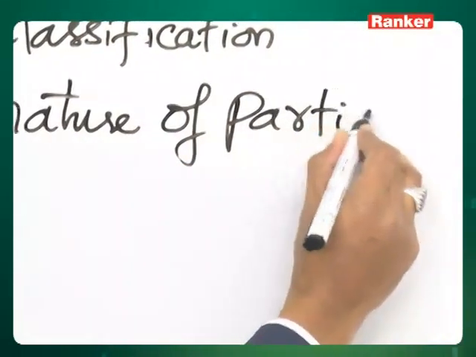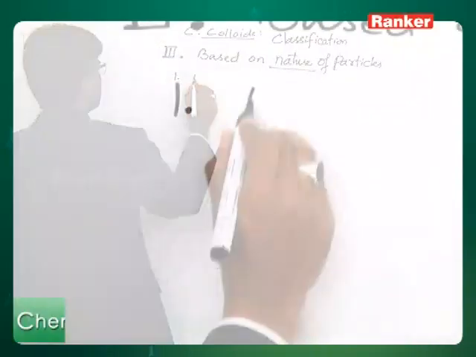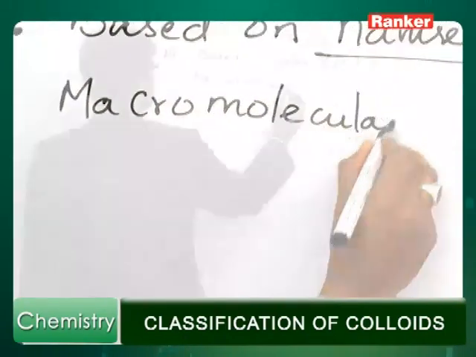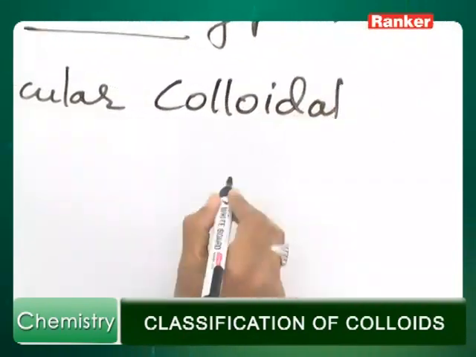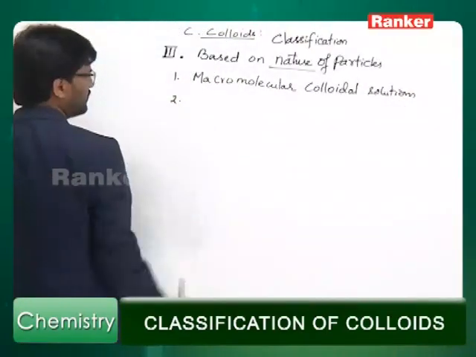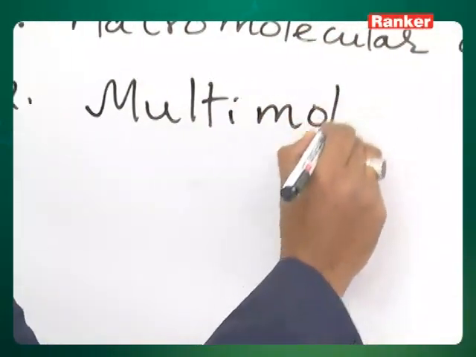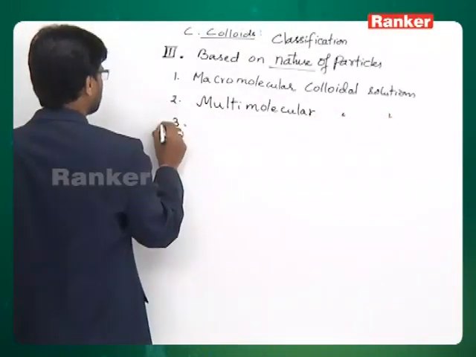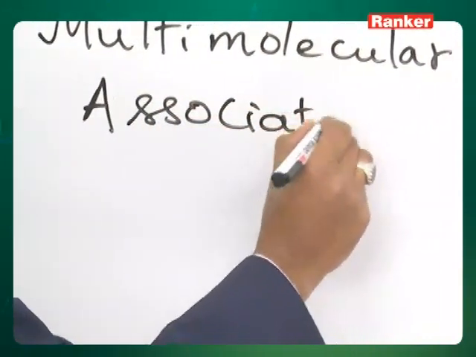Here we have three types of colloidal solutions: macromolecular colloids, then multimolecular colloids, and the third one is associated colloids.